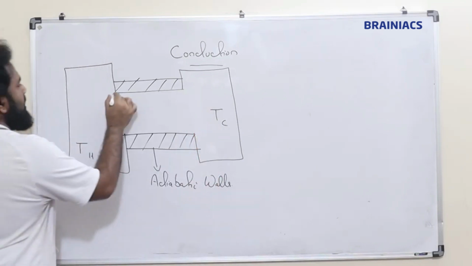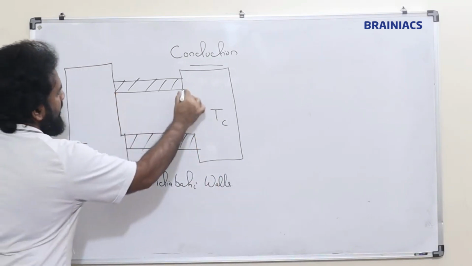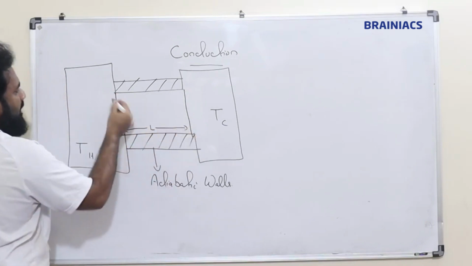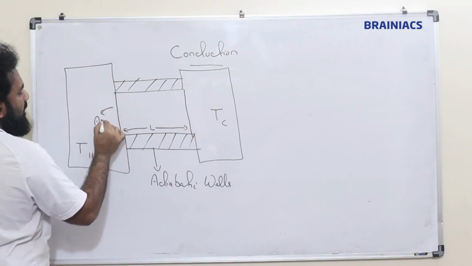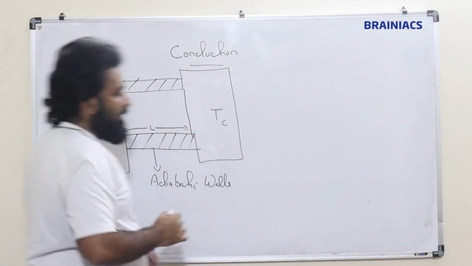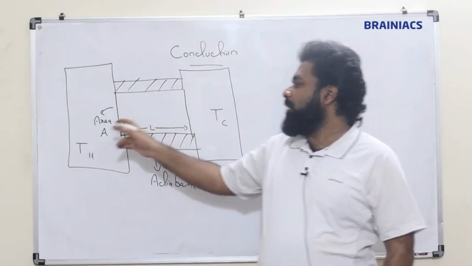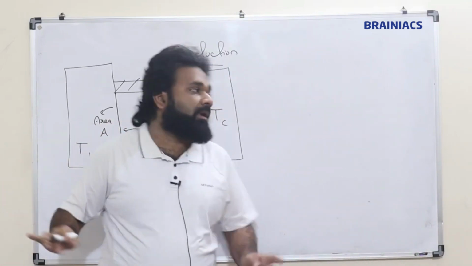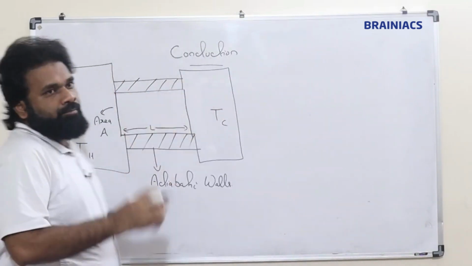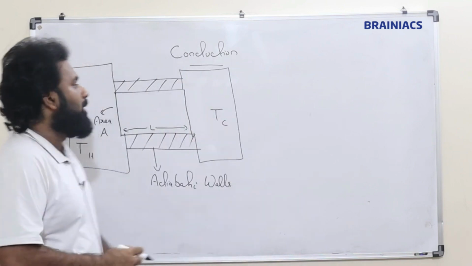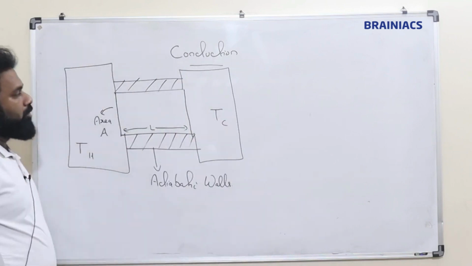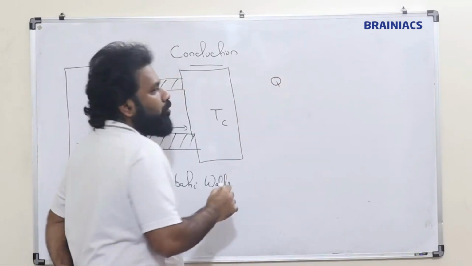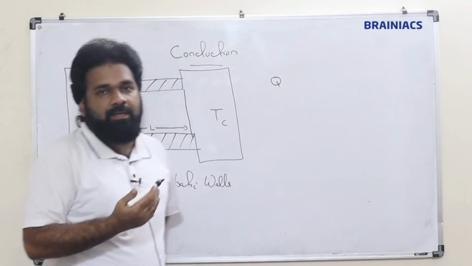So suppose this is a slab, its length is L, and here the area is A. From the hot end, heat will be transferred to the cold end. That Q is energy, heat.